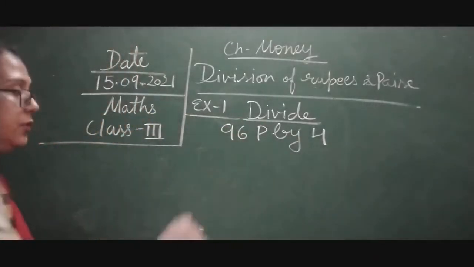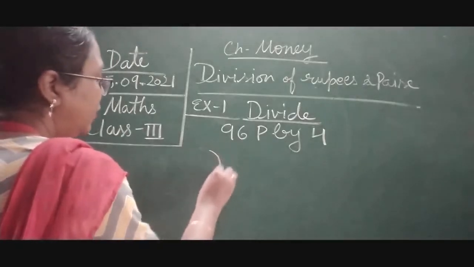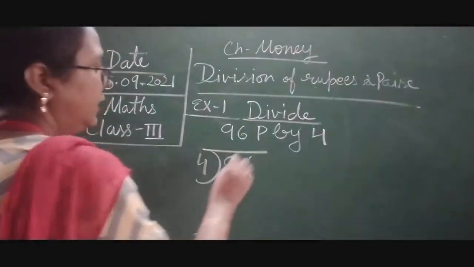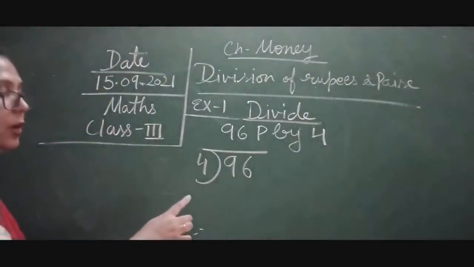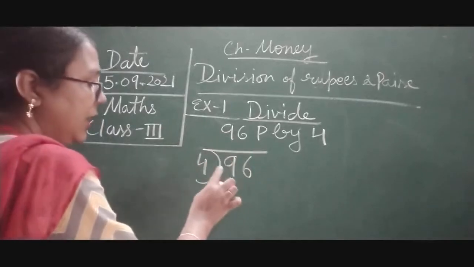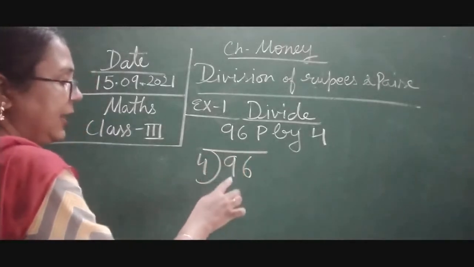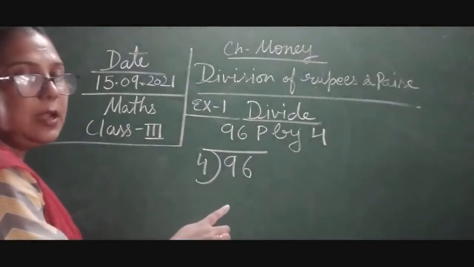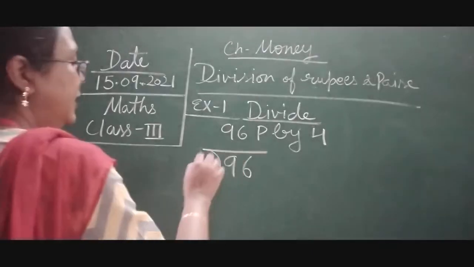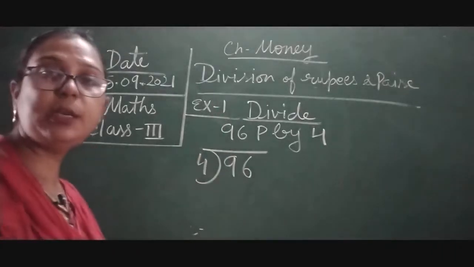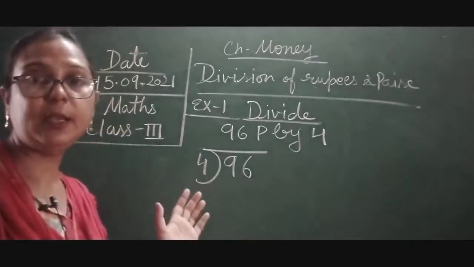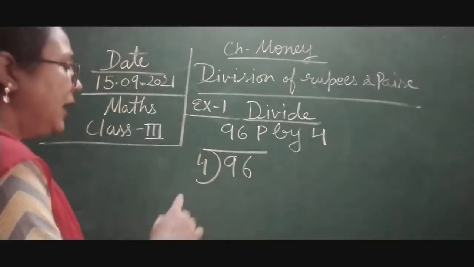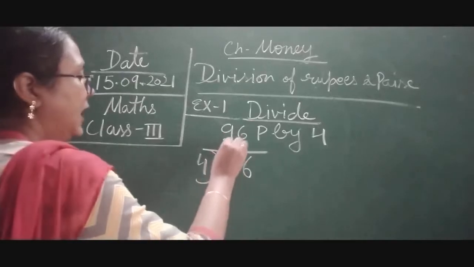How can we divide, children? We write 96 paise over here, and this is 4. First of all, we will tell the table of 4: how many times will 9 come? In the 4 table you will never get 9, so we will tell the table of 4 two times. 4 ones are 4, 4 twos are 8.